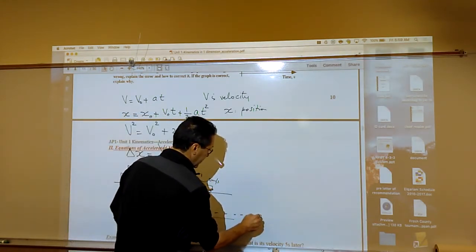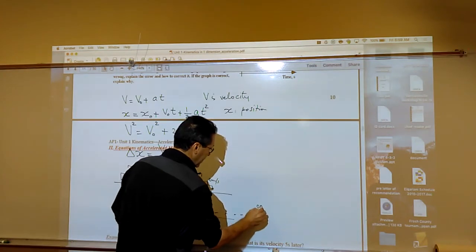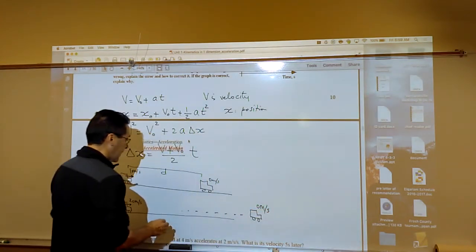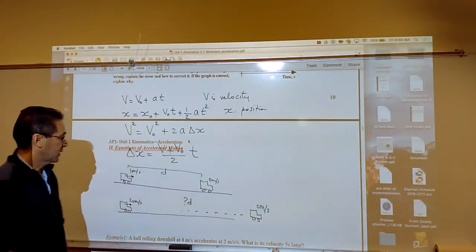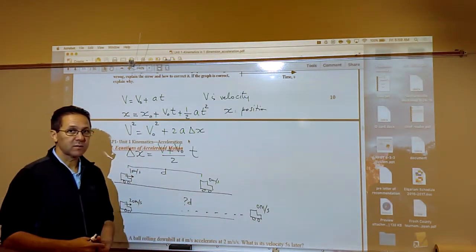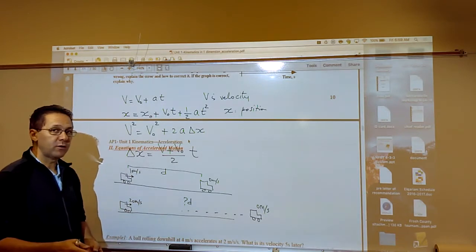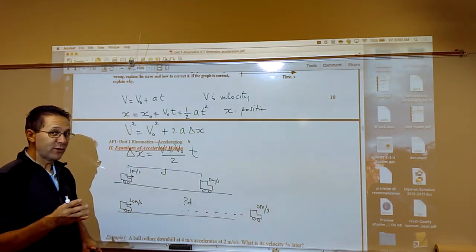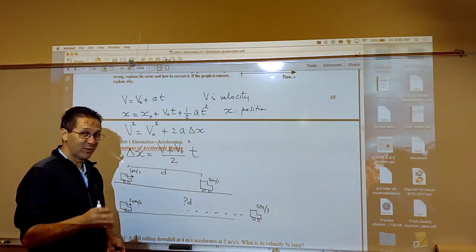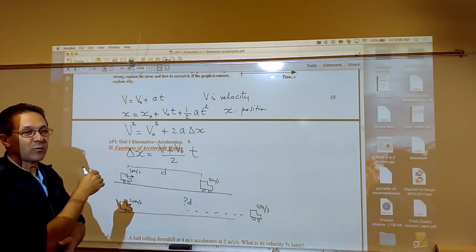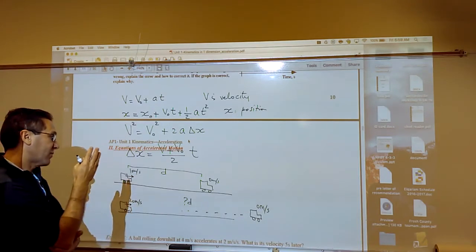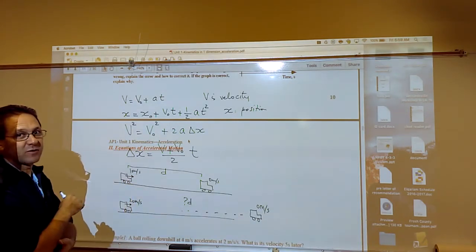So I put the dots because I don't know where I'm going to stop. And in terms of d, what is my stopping distance? So I want you to pause the video, and think about it. And then once you think about it, you can continue with the video.